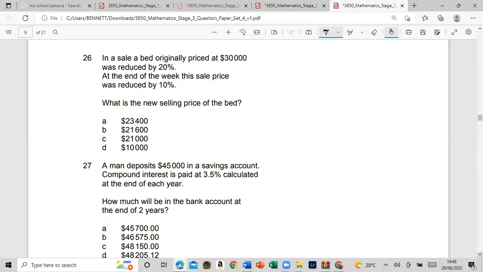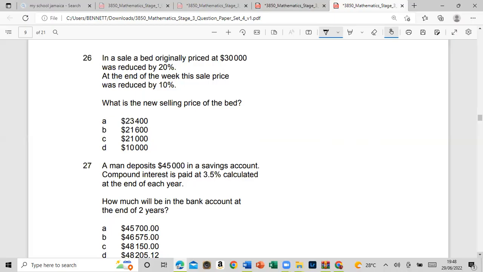In a sale, a bid originally priced at 30,000 was reduced by 20%. At the end of the week, the sale price was reduced by 10%. What is the new selling price of the bid? Read that slowly. In a sale, a bid originally priced at 30,000 was reduced by 20%.